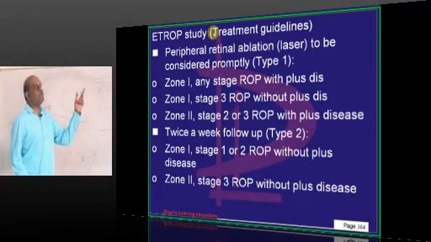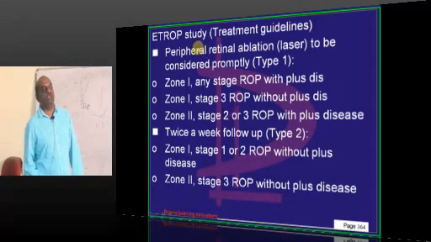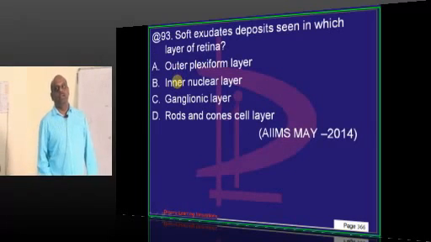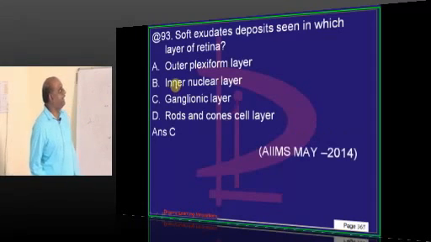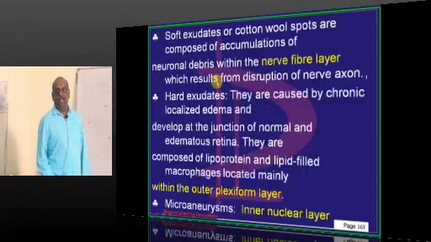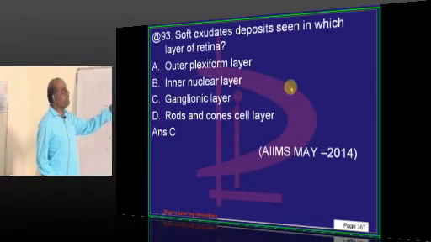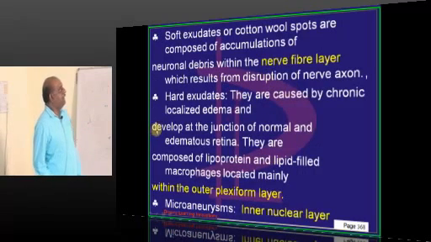There is one ATROP study which has given guidelines, treatment guidelines for management of the patients who are having retinopathy of prematurity. Soft exudates कौन सा layer of the retina में आपको दिखाई देगा? Actually, they are found in the nerve fiber layer. So, among the options was given ganglionic layer, which corresponds to that.